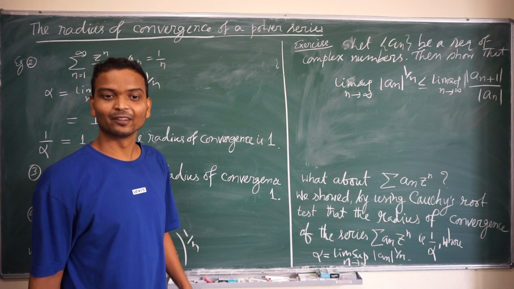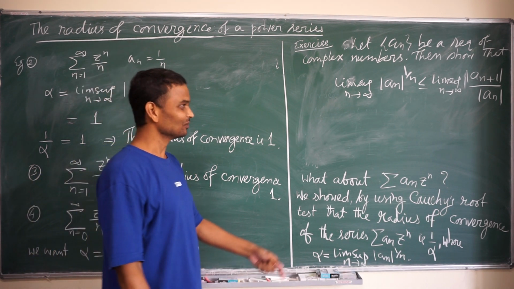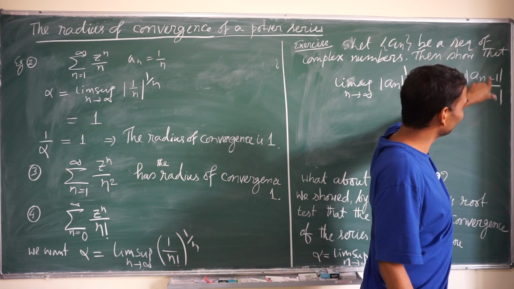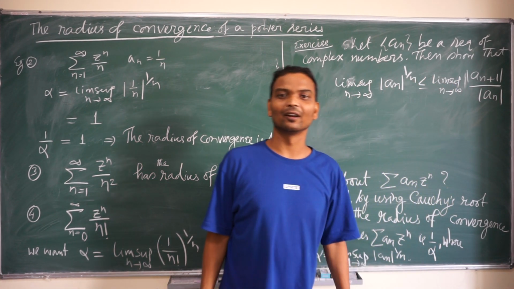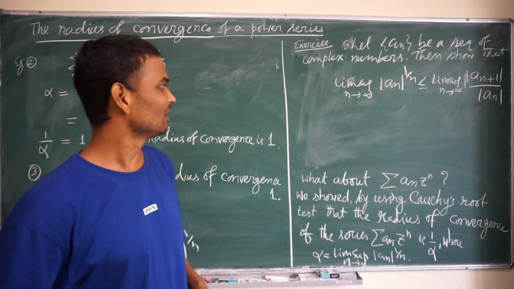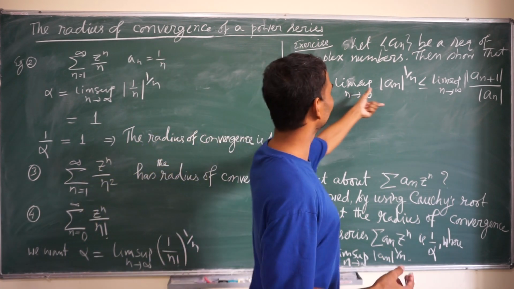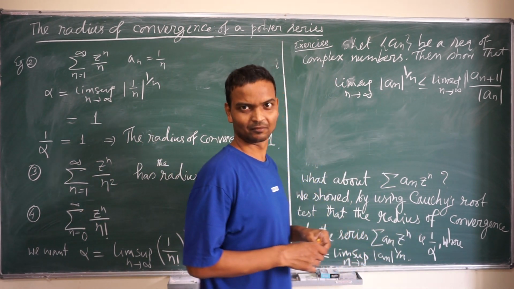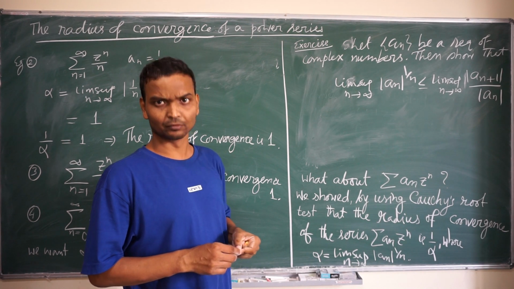Alright, so you know what the ratio test is about. This is the quantity a_{n+1} by a_n. That quantity comes up while using the ratio test. But what we actually want is this inequality, and this is true.